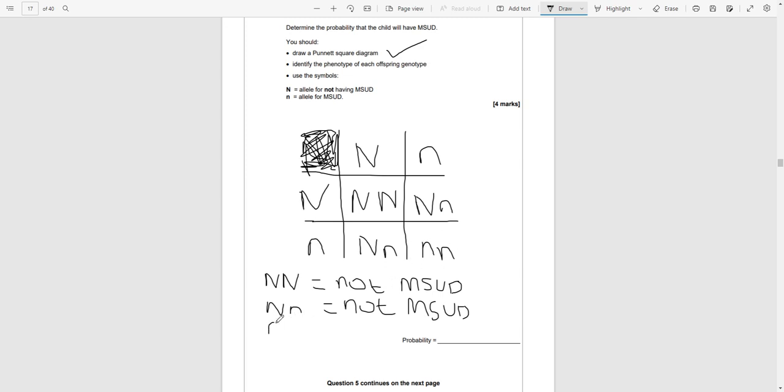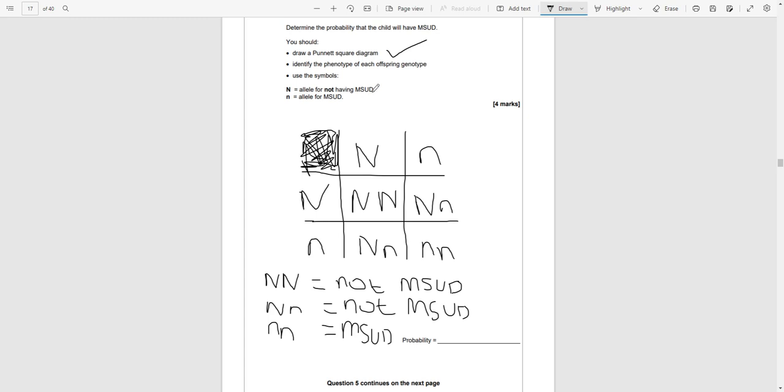So in my key, I'm going to write two little n's means that the child will have the disorder MSUD. So I have now identified the phenotype, or the actual characteristic, that each offspring genotype will show. So I've accounted for every combination of alleles in this diagram in my results here.